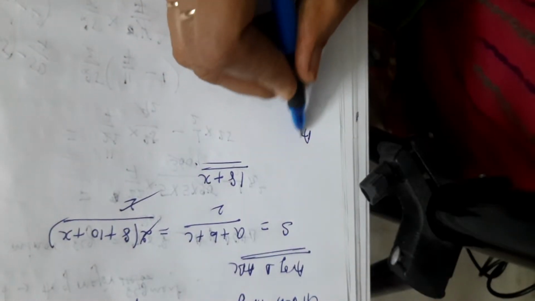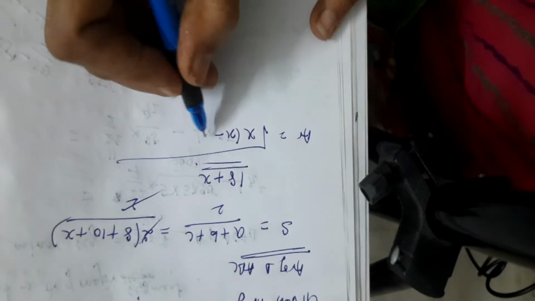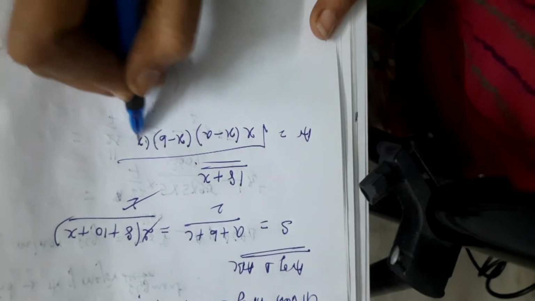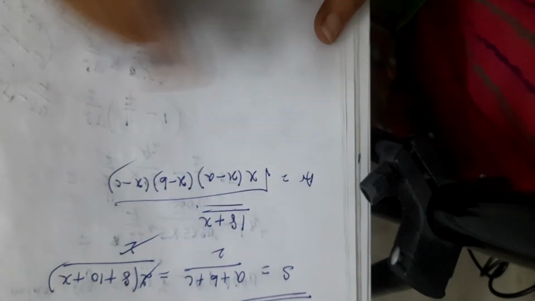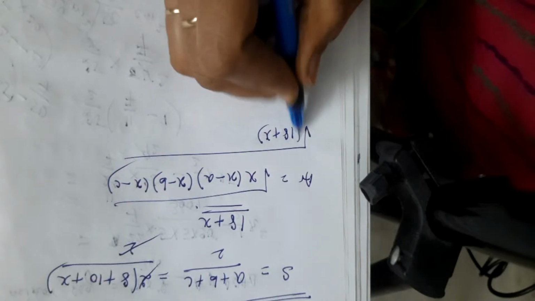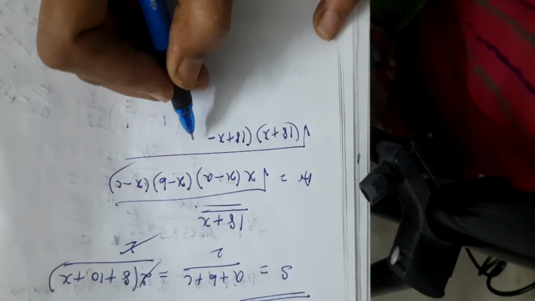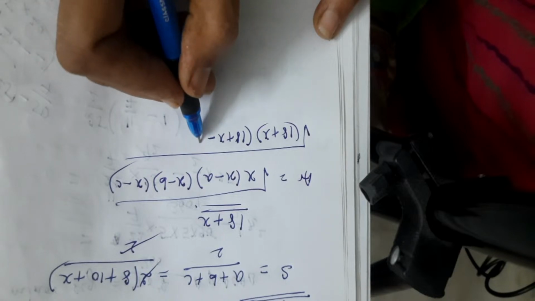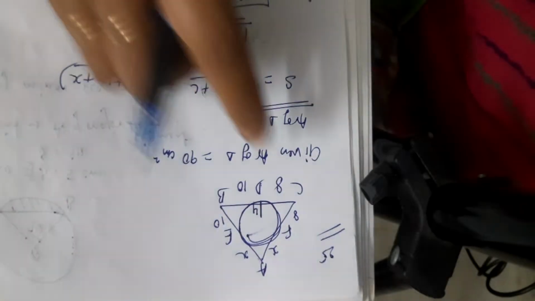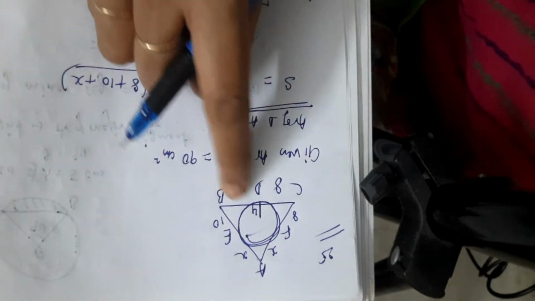Now area is root over s, s minus a. So under root, s is 18 plus x, and 18 plus x minus a, it's 8 minus x. If we consider this to be the first side, a will be 8 plus x, b will be 10 plus x, and c will be 18.